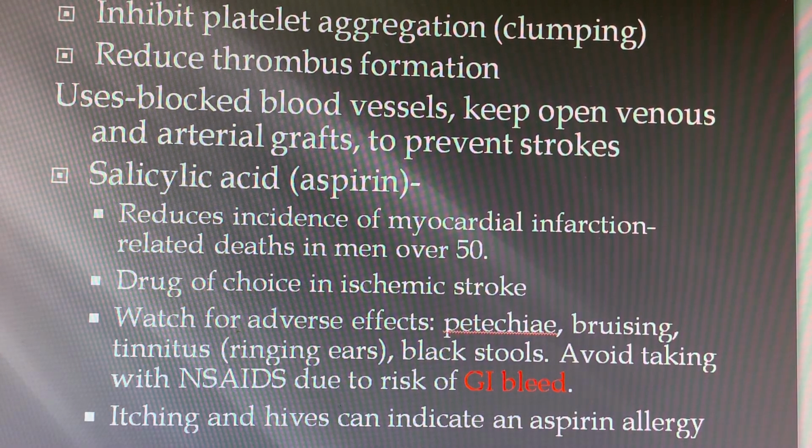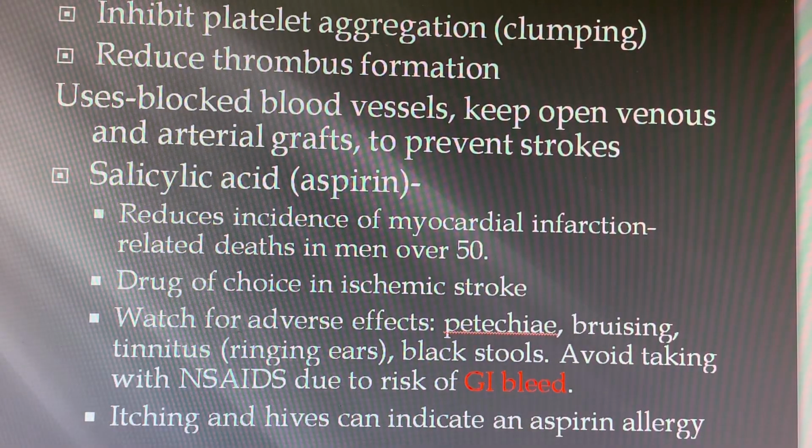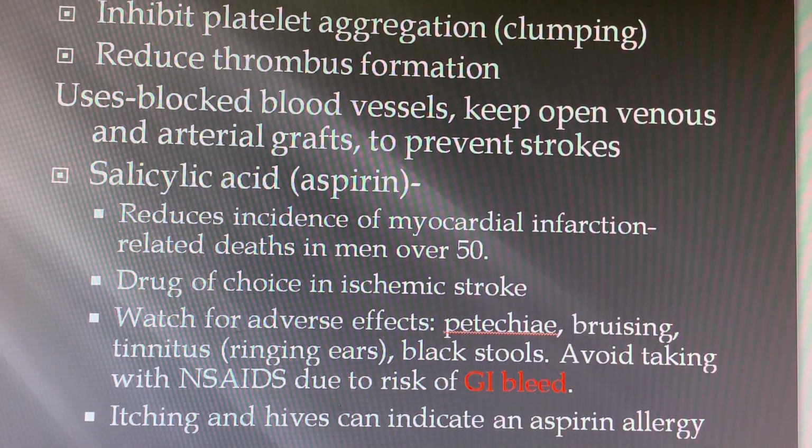So in this way, they reduce thrombi from forming. So platelet inhibitors are often used to help keep blocked blood vessels open, to keep any venous or arterial grafts, things that we've put in veins or arteries, to keep them open, and to prevent strokes.